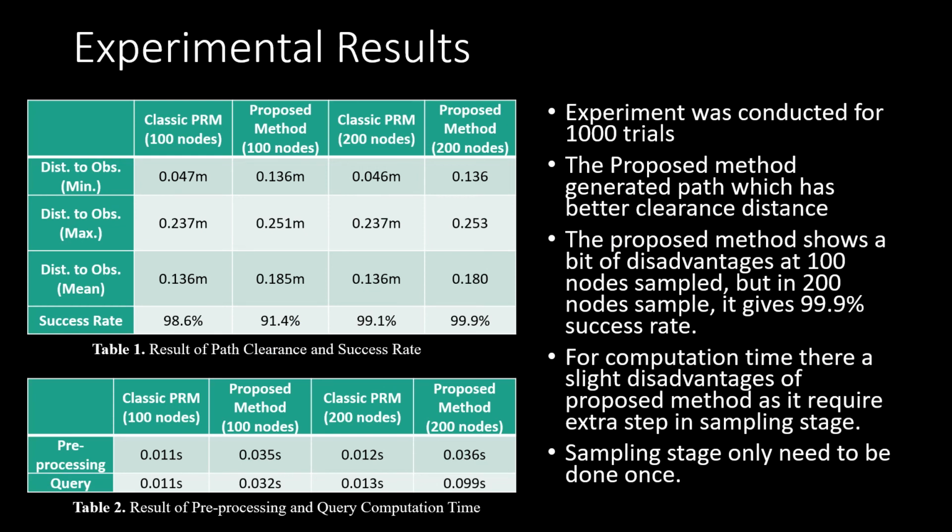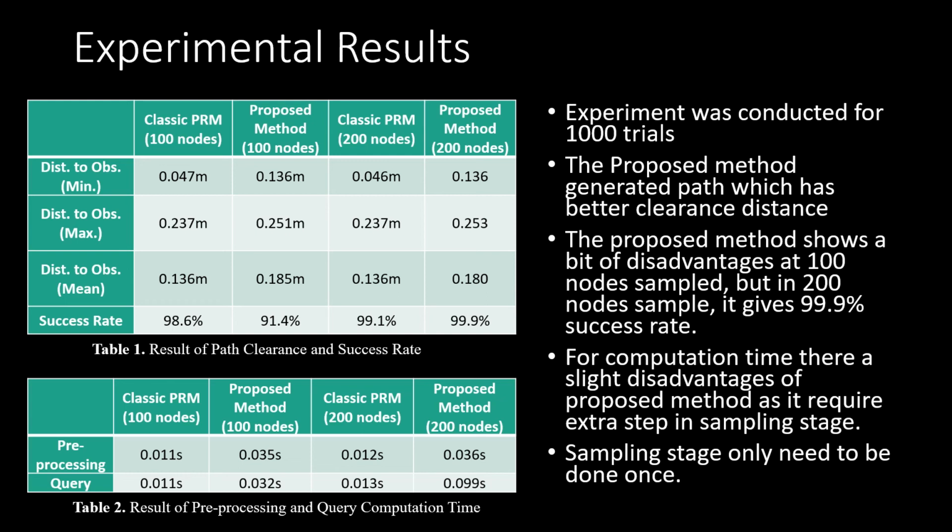There are two tables here. The first table is the result of path clearance and success rate. Second is the result of pre-processing and query computational time. This experiment was conducted for 1000 trials. As you can see from table 1, the proposed method generates a path which has better clearance distance.